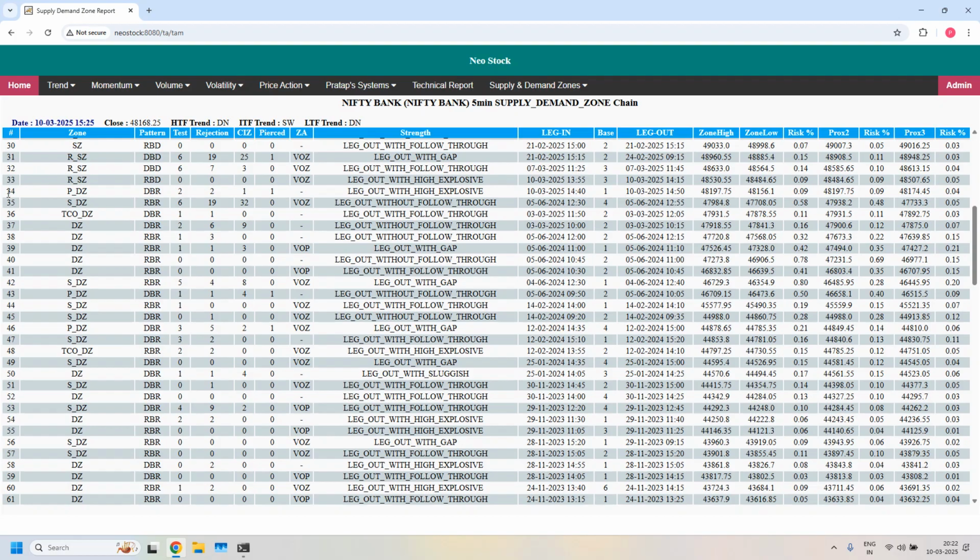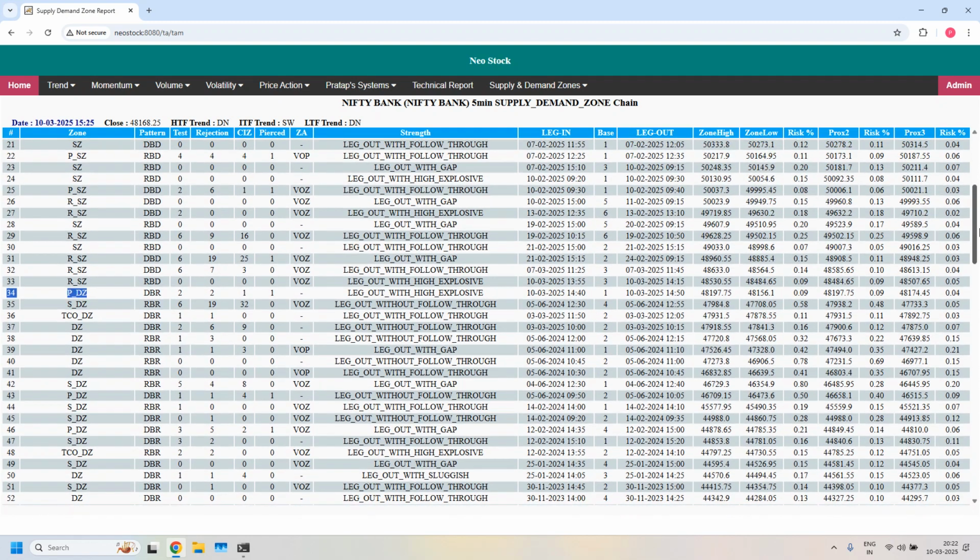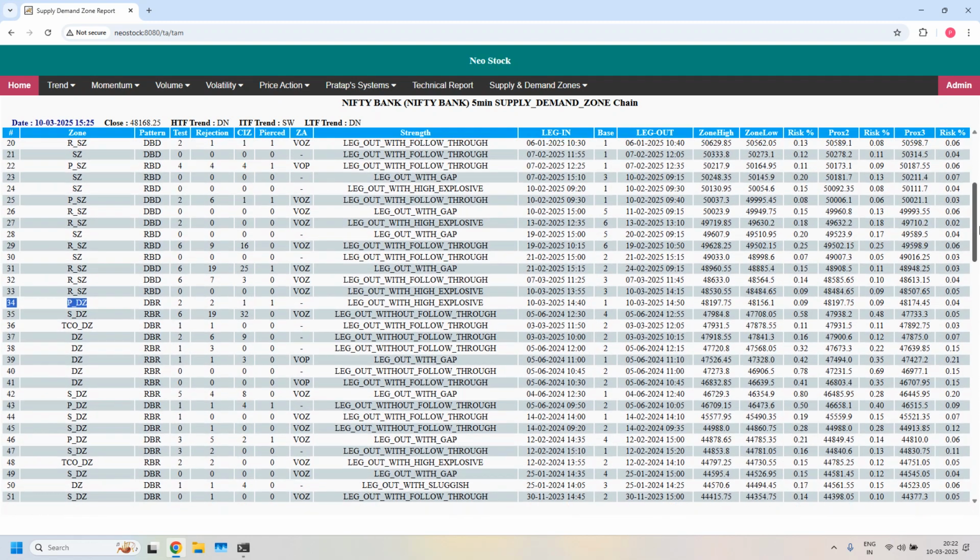Here we have the nearest demand zone to the current closing price. I will arrange in the center. Okay. So this is the Bank Nifty 5 minute supply demand zone chain. So with this we have completed Bank Nifty also. That means we have completed both the Nifty and Bank Nifty supply demand zone chain.